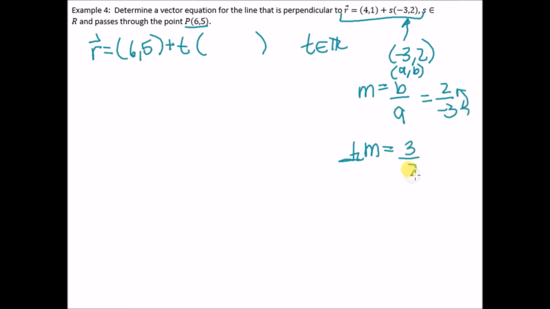So we get 3 over 2. And instead of it being a negative number, we're going to have it as a positive. So because this is b over a, we can write it as 2, 3. Okay, so perpendicular: flip these around and flip the sign of one of them. And that is our vector equation for a line that's perpendicular.